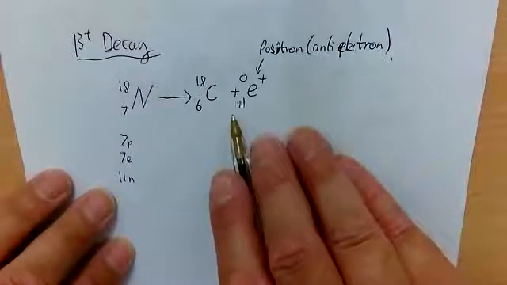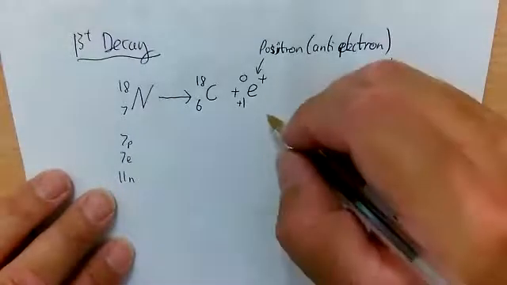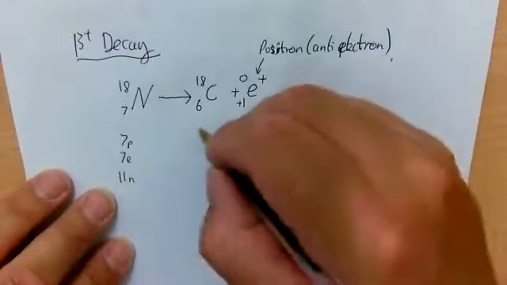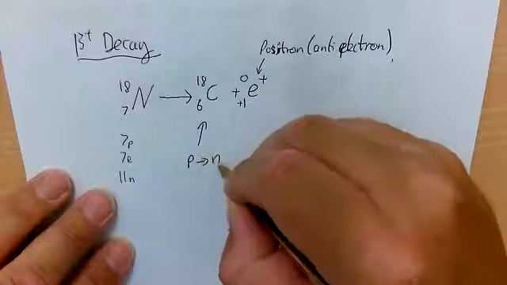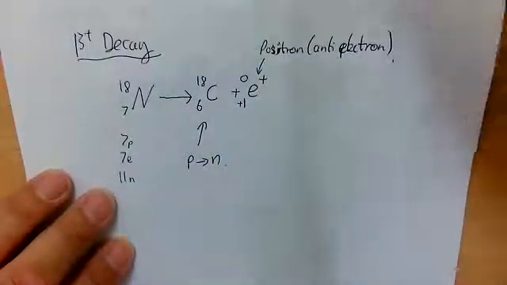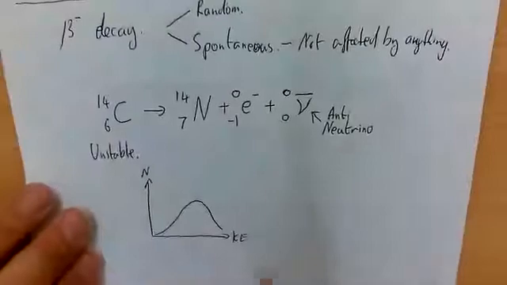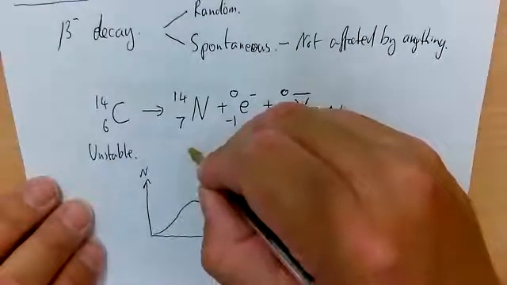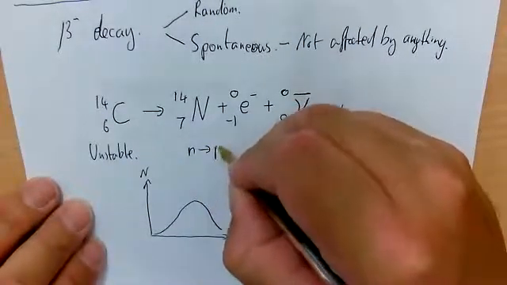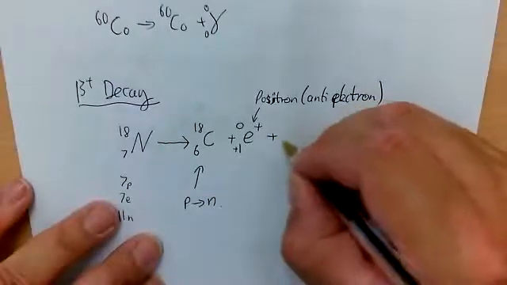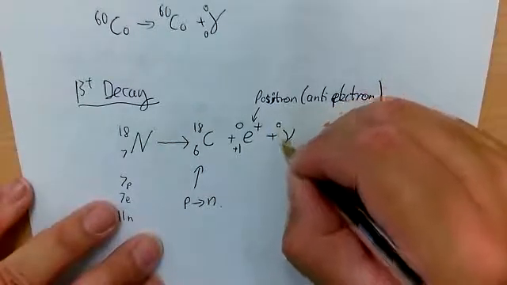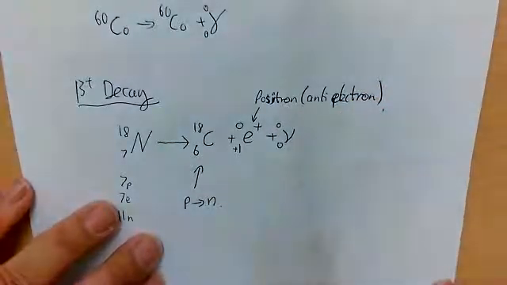The point is that what actually happens during beta plus is that a proton becomes a neutron, whereas in beta minus, what's actually happening is a neutron becomes a proton. So as we started to build the picture, we can start to think about what's actually happening with all the other particles. And so you end up with the neutrino being emitted as well, okay?